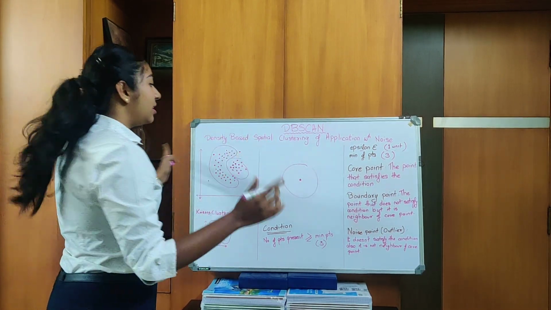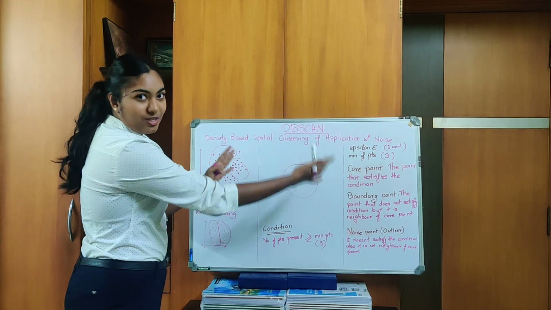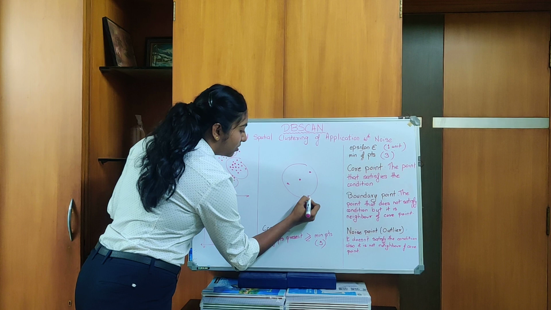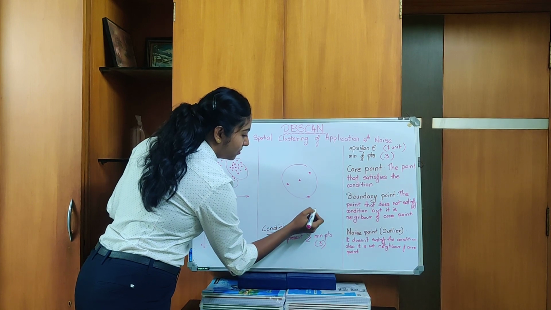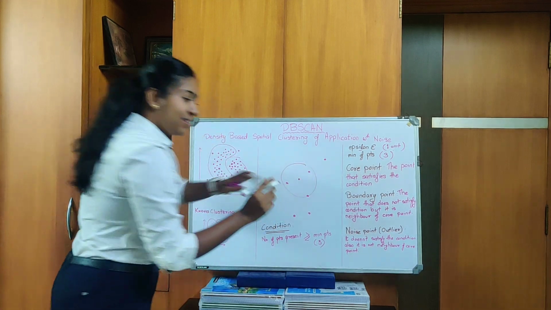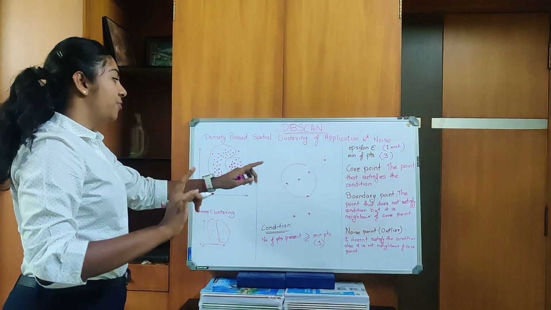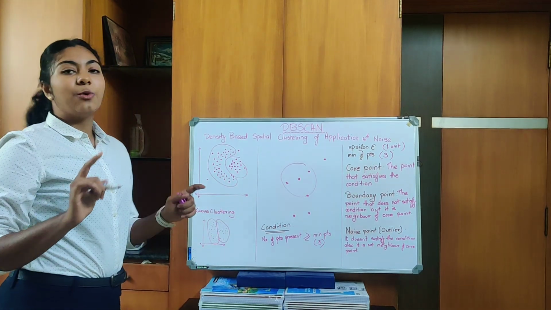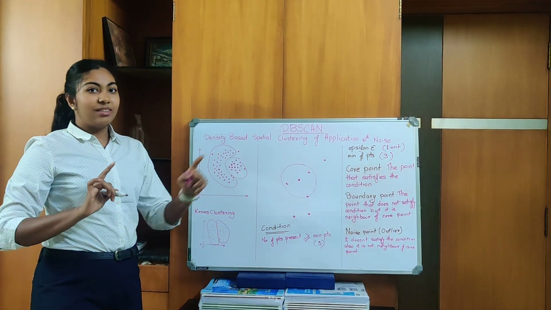Let us imagine a scenario. I will just draw a particular number of points around this. 1, 2, 3. Let us just take this example. Over here I have taken this point, drawn a circle around it, and now we will count the number of points present in the circle.